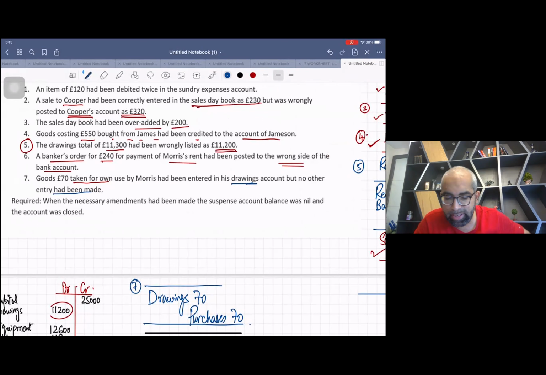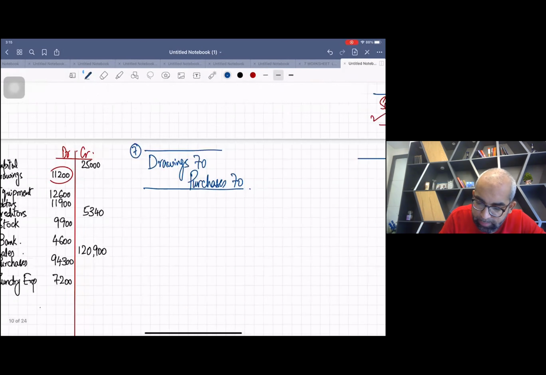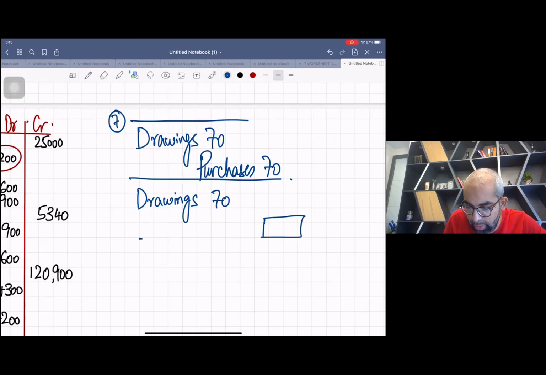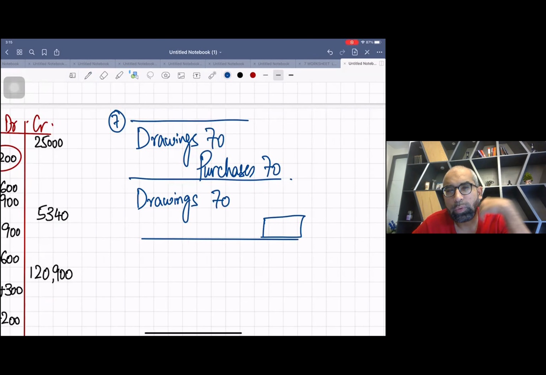Only a one-sided entry was made, so half the entry they made, and half they didn't.